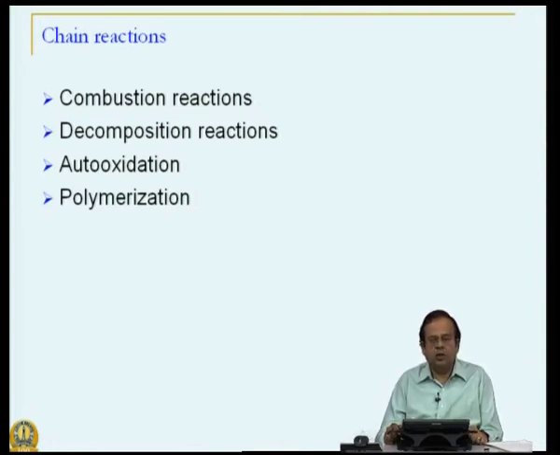A few I mentioned earlier, but let me reiterate once again. We have combustion reactions, which are chain reactions. We have decomposition reactions, auto oxidation reactions, polymerization reactions, and so on. All important reactions.